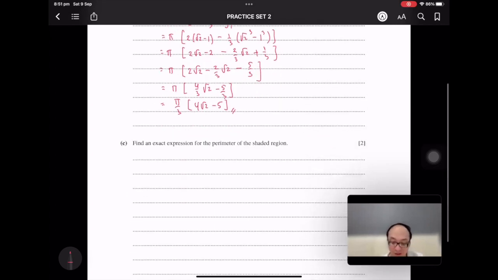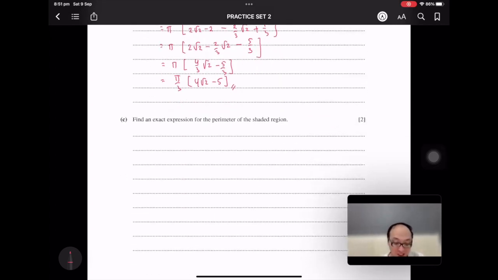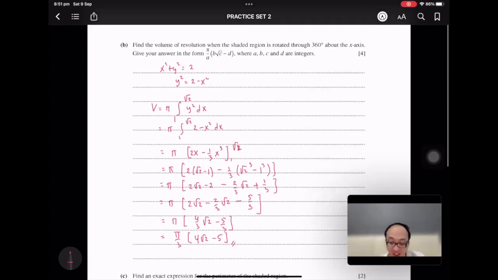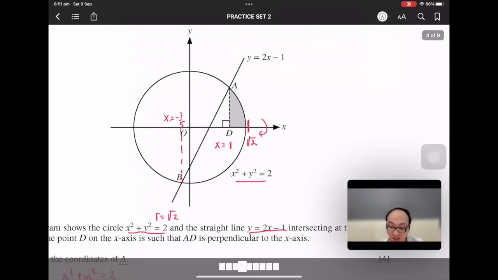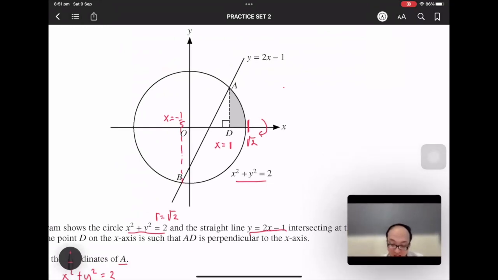And then for C, find the exact expression for the perimeter of the shaded region. So the shaded region, we have to find arc AD.